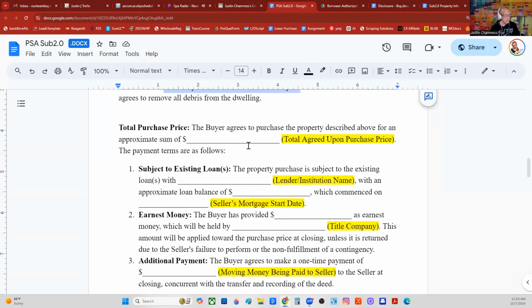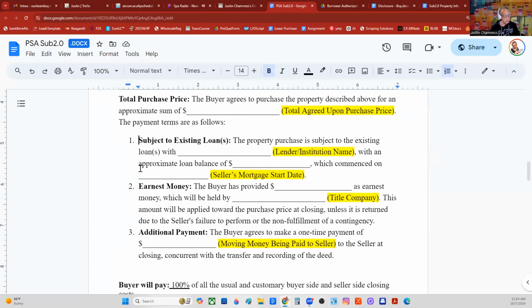Purchase price. Let's get down to the meat. Starting with the subject to price, and we're going to build the price right here. So you might do 1, 2, and 3 before you actually fill this out, because the addition of 1, 2, and 3 here will be the answer you put in this blank here. Okay. Subject to the existing loan, the property purchase is subject to the existing loans with America's Lending Corp.